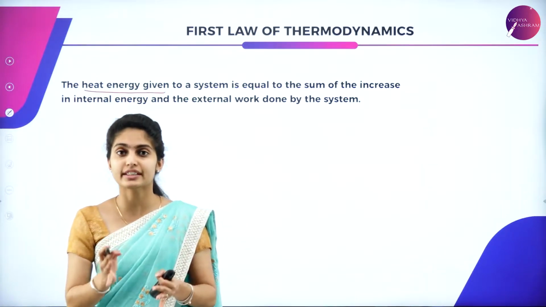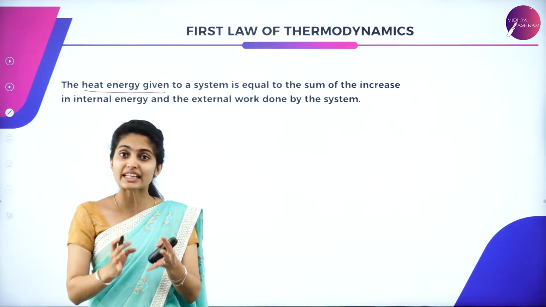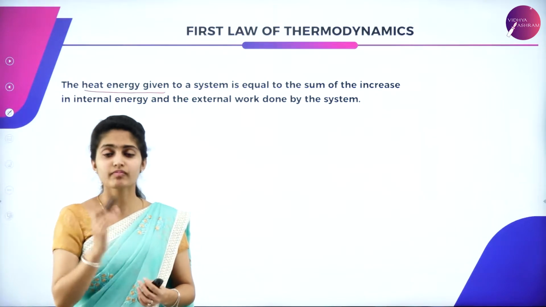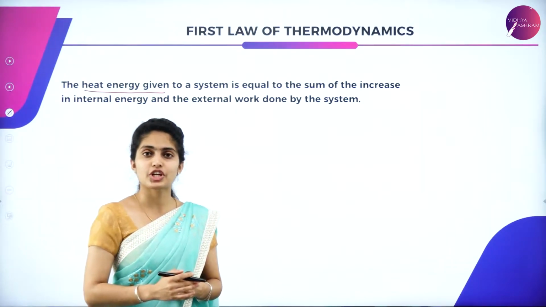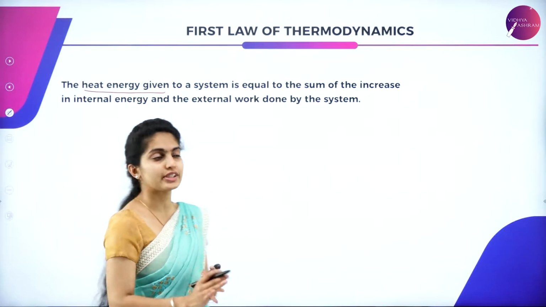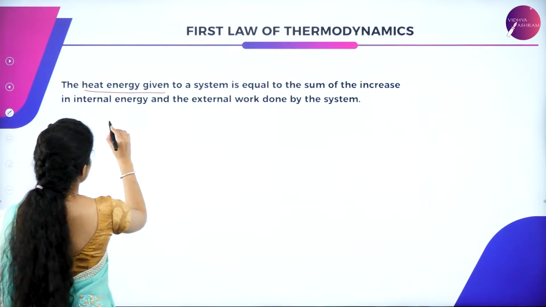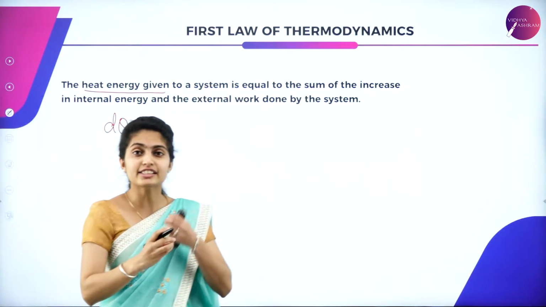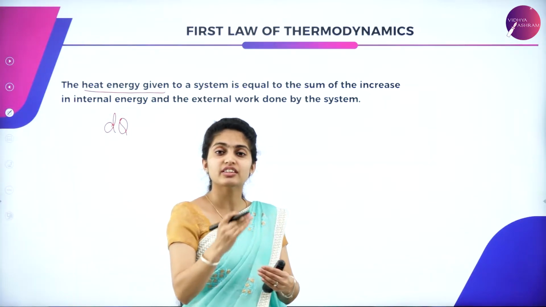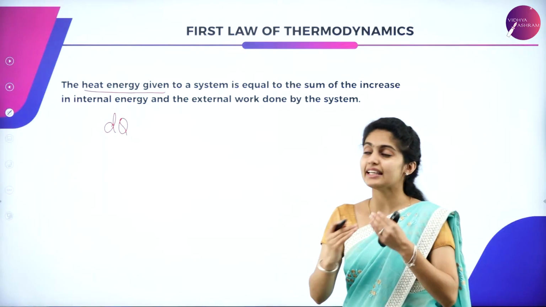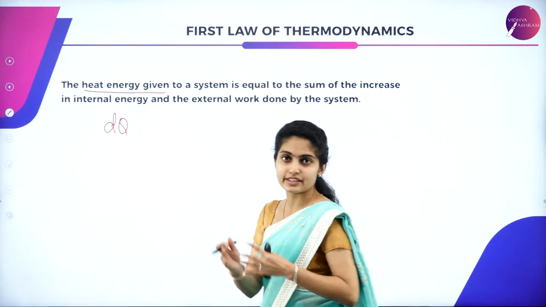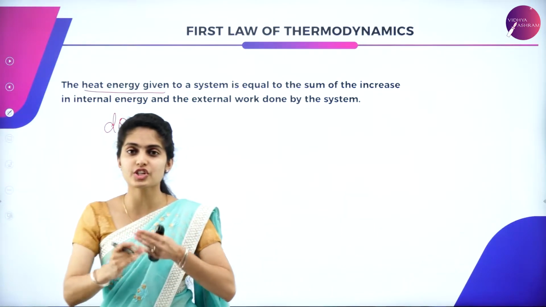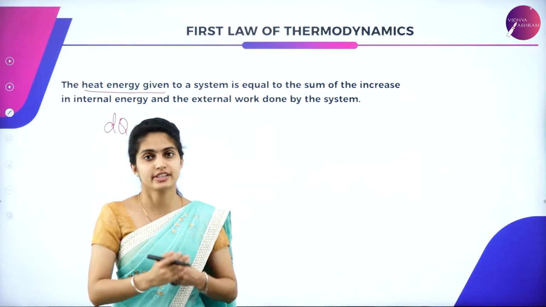So here we are looking into the heat energy which is given. Heat energy is nothing but dQ. Q is the heat energy, and the change in the heat is given by the term dQ, the change in heat energy when work is done.